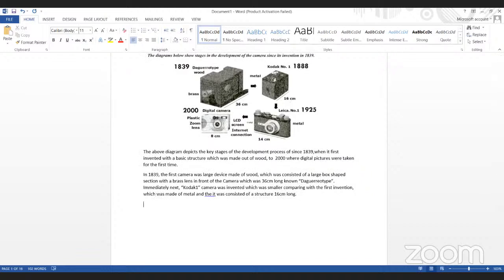Now I'm coming to the next two, right? Next two. In, hold on, 1925 and 2000, we are comparing it with, I'm going to compare both of them at once, right?